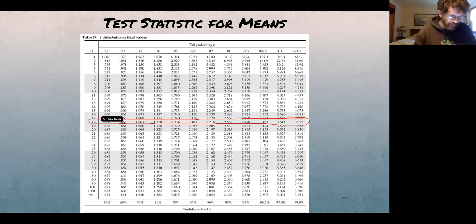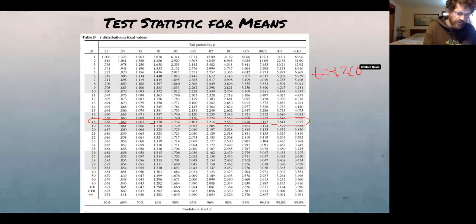And we got a test statistic of -3.260. So what I want to do if I'm using this, and we're going to learn another way which you'll probably prefer, but this is a good thing to understand how to use this table. I got -3.26. I'm going to ignore the negative. All I care about is the absolute value of this number. I'm going to go over from the left to right until I find where this number would fit in.